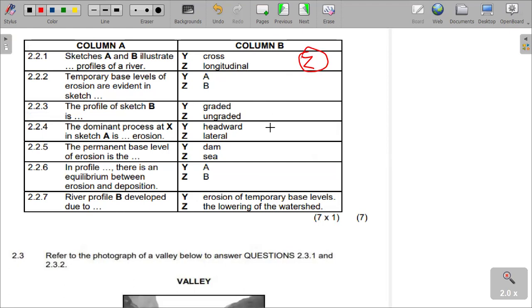2.2.2, temporal base levels of erosion are evident in dash. Temporal base levels are caused by some features found along the river channel, which are shown on the profile of a river. As you can see, this temporal base level is caused by resistance here. A base level is the level to which the river can erode. The permanent base level is caused by the sea; any other base levels found along the river profile we call temporal.